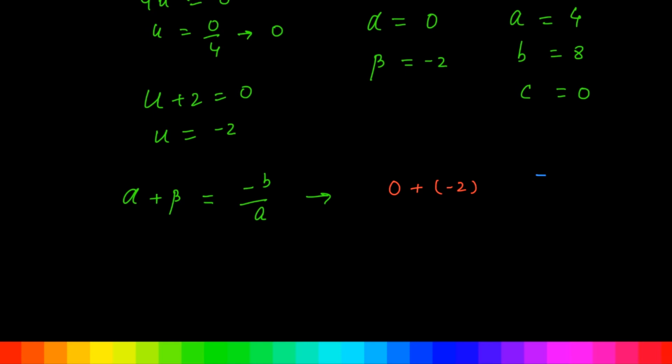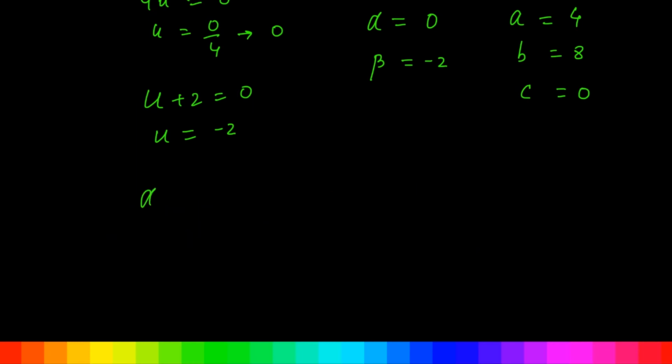Minus b is minus 8 and a is 4. So 0 plus minus 2 is equal to minus 2, and here 4 cuts 8 by 2. So the right hand side is also minus 2. So the relationship between the sum of zeros and the coefficients is verified.